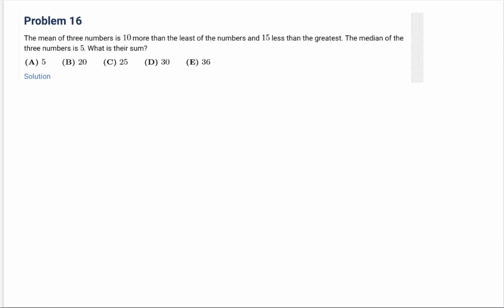Problem number 16. The mean of three numbers is 10 more than the least of the numbers, and 15 less than the greatest. The median of the three numbers is 5. What is their sum? So if there are A, B, and C, the mean of three numbers, A plus B plus C over 3 equals 10 plus A equals C minus 15.